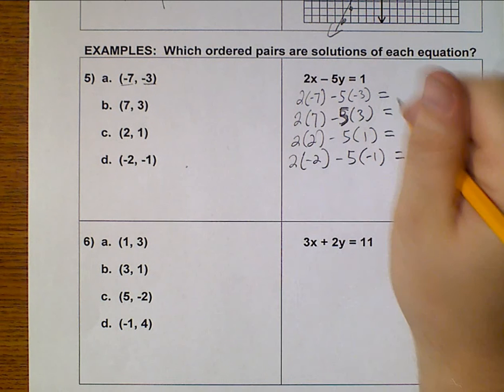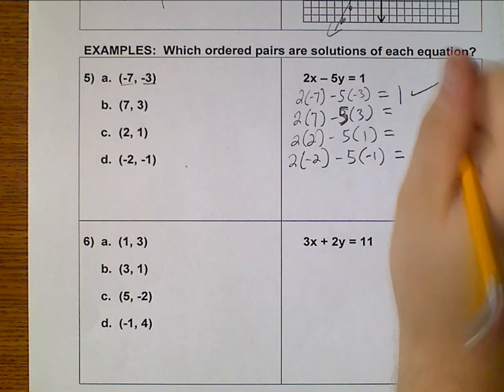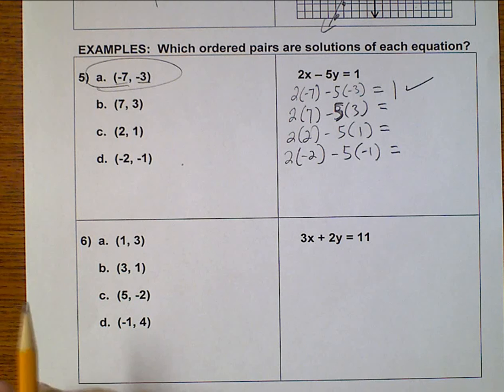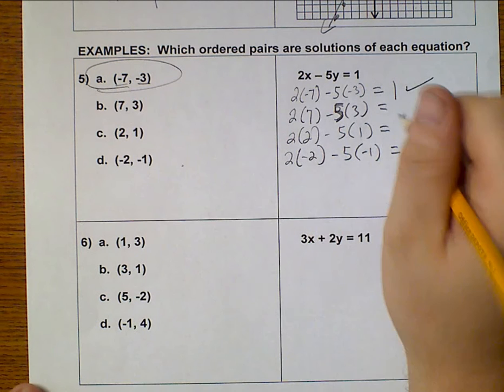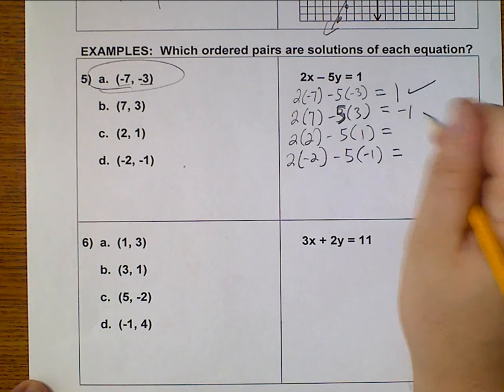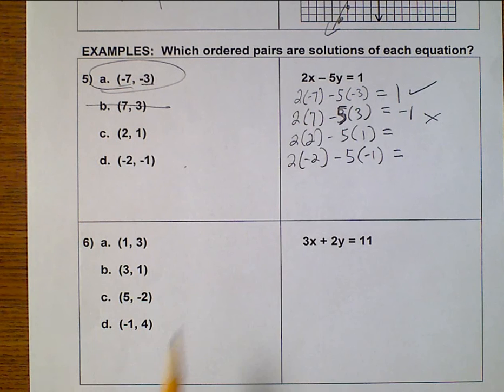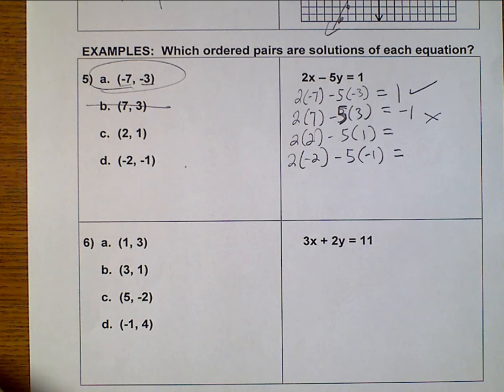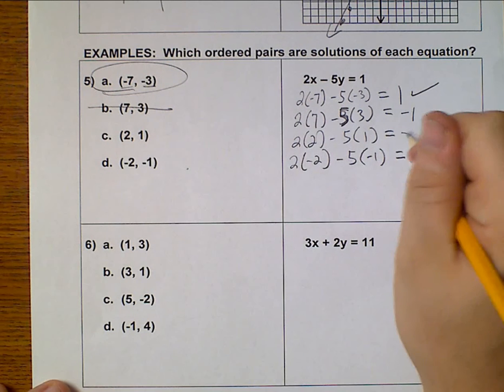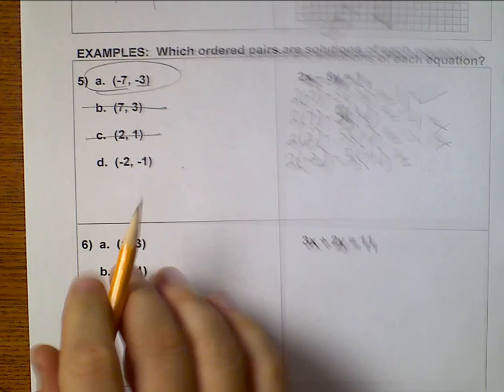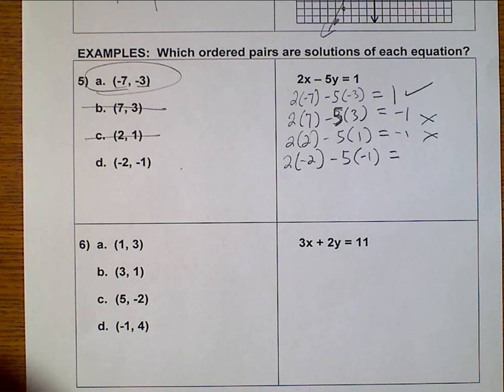Well, the first one equals 1. Try the next one. That one equals -1. That one equals -1. And that one equals 1.